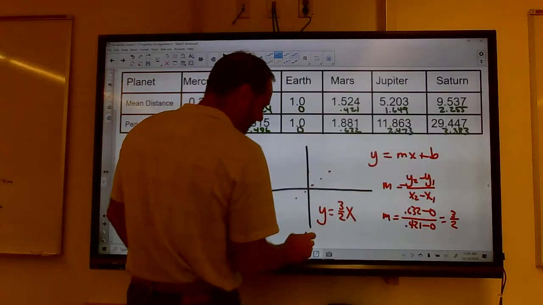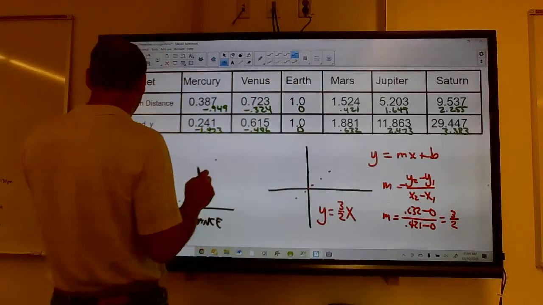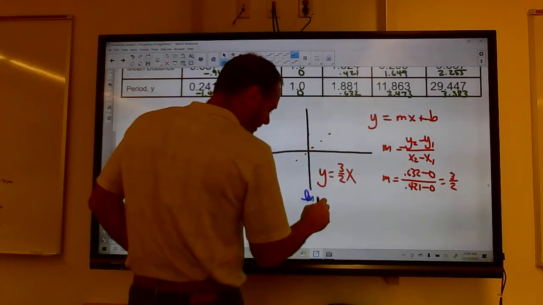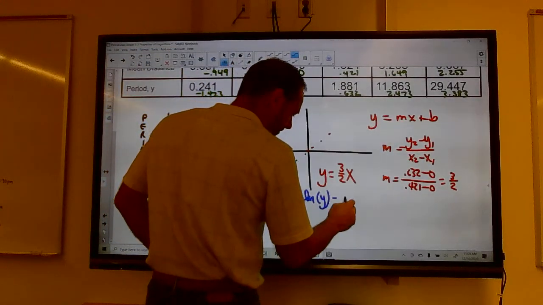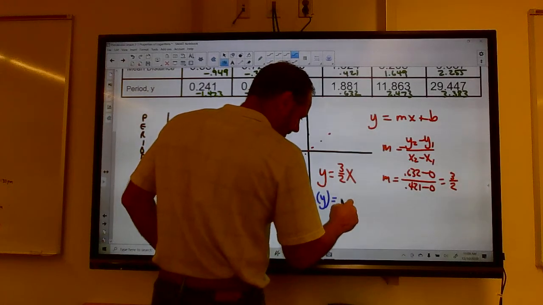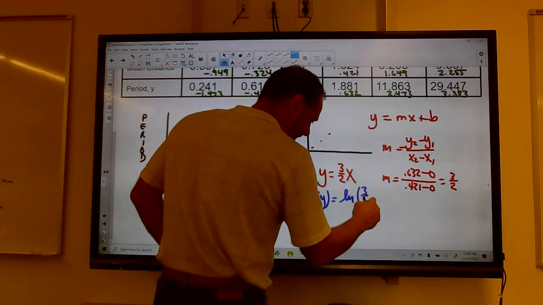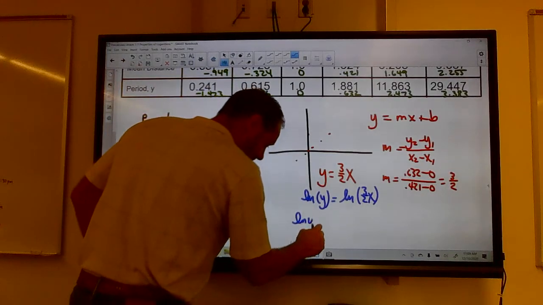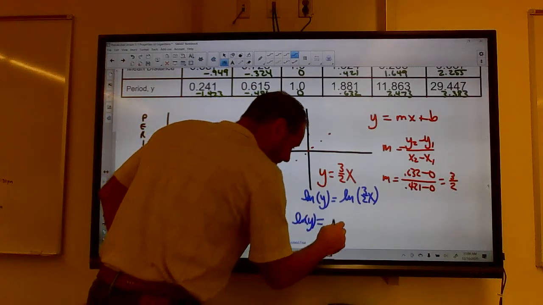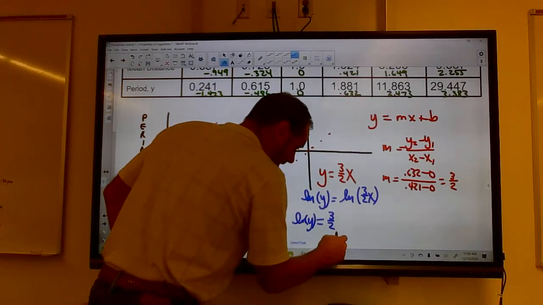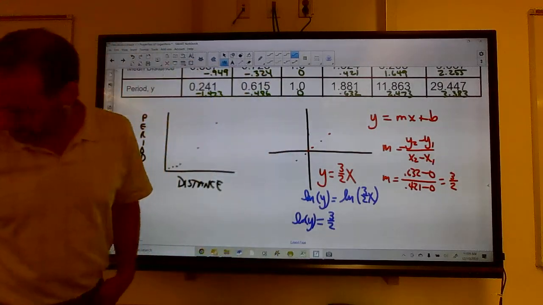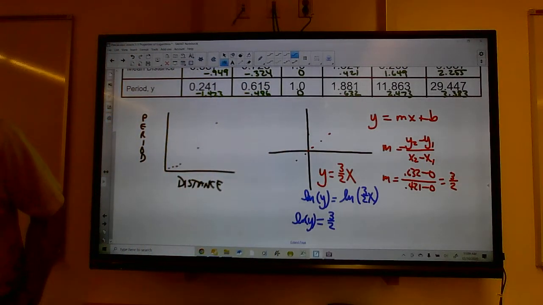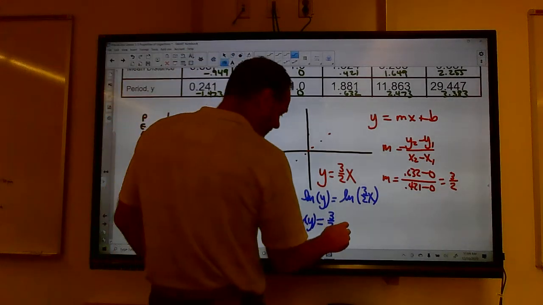We're going to take the natural log of y equals the natural log of 3/2 x, and that comes out to be natural log of y equals 3/2 the natural log of x.